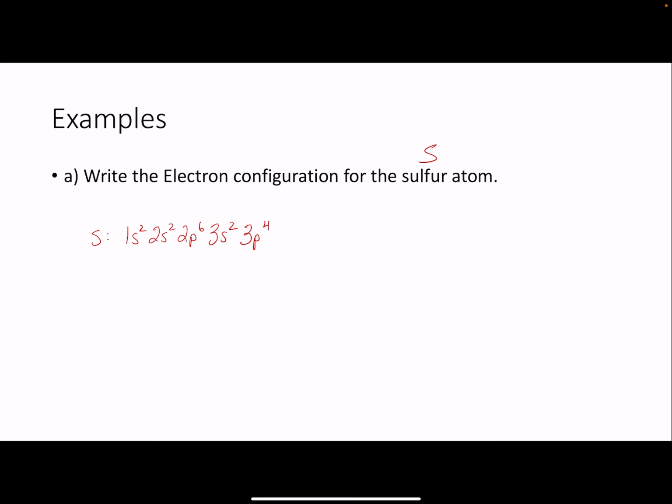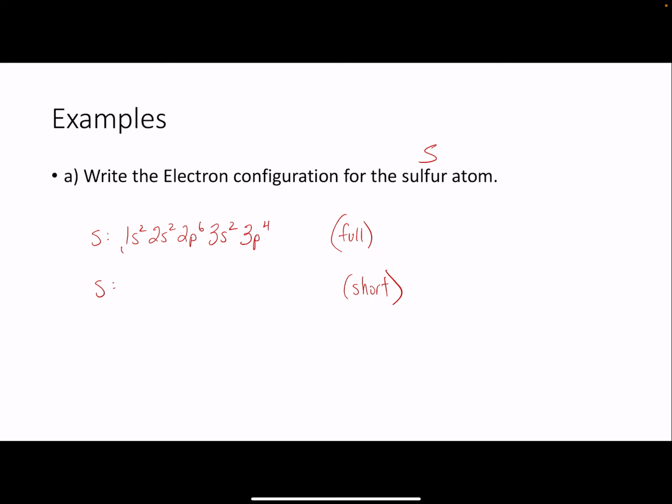Now the shorthand configuration. So we replace it with the noble gas that's before it. So if you look at your periodic table, find the noble gas that's in the row above sulfur. And you should see that it's neon. So to write the shorthand, this is considered the full electron configuration. We're going to do the short example.